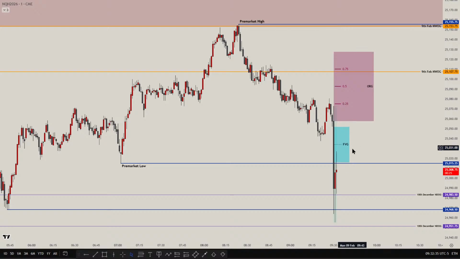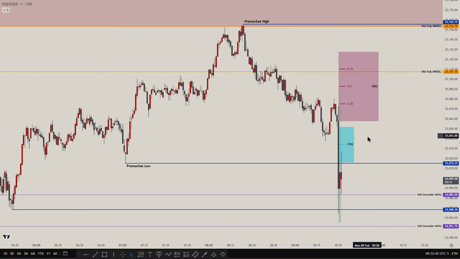Unless that becomes an inversion fair value gap, then that's a reversal signature. We went through that in the video that I uploaded yesterday, lecture number 6. But if not, then it's continuation low.